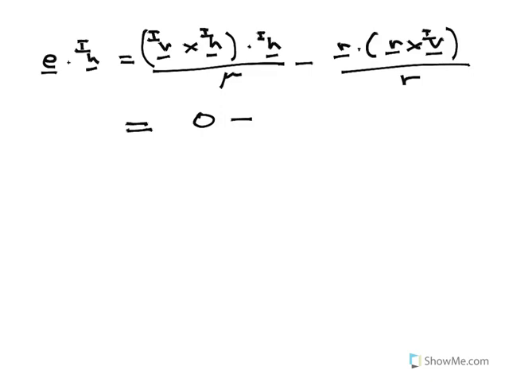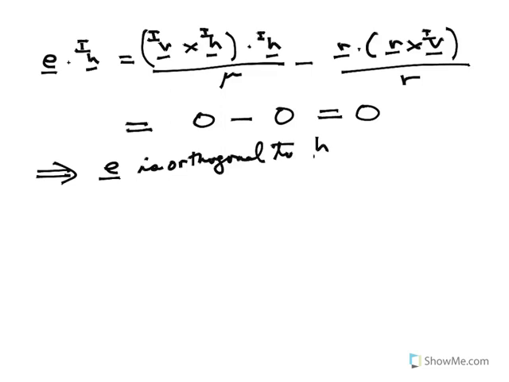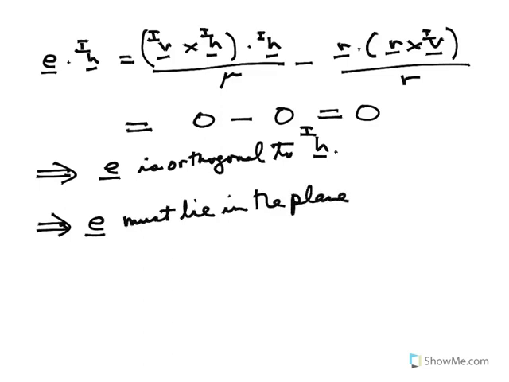And then we've got minus the second term. Well, R crossed with V is orthogonal to R, so that also gives me 0, which gives me a total of 0, which tells me that E is orthogonal to HI. So that tells me that E must lie in the plane of the solution.